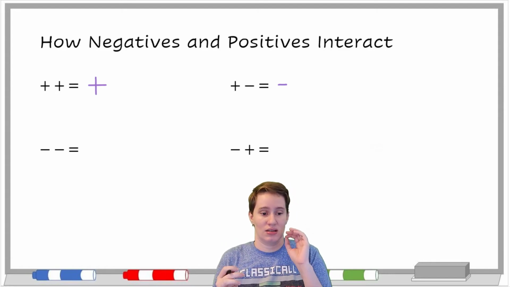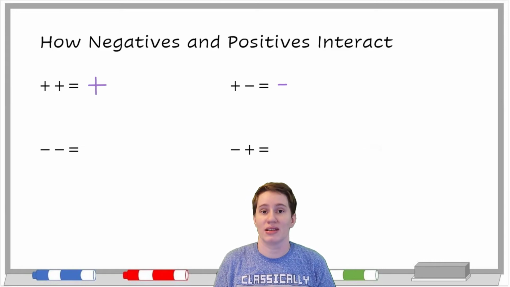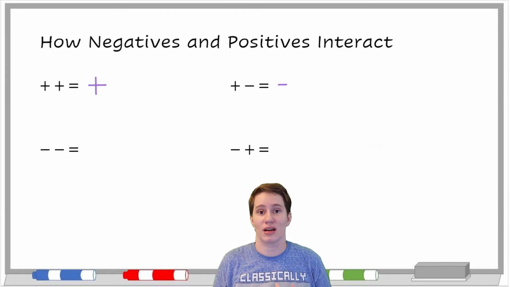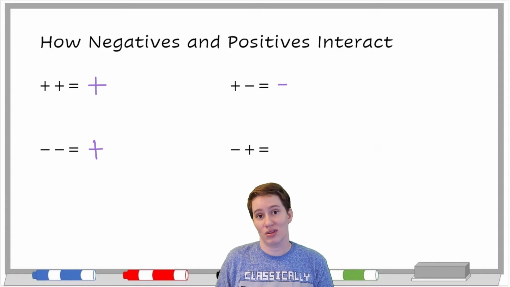Then the next one, bottom left, minus minus. This is what we just talked about on the previous slide. Two negatives make a positive. This is true in math and English, but not in real life. In real life, if you do two things that are negative, you're probably in extra deep trouble.